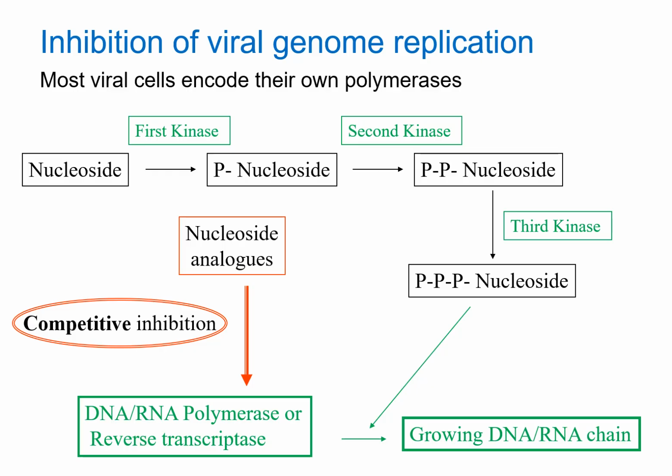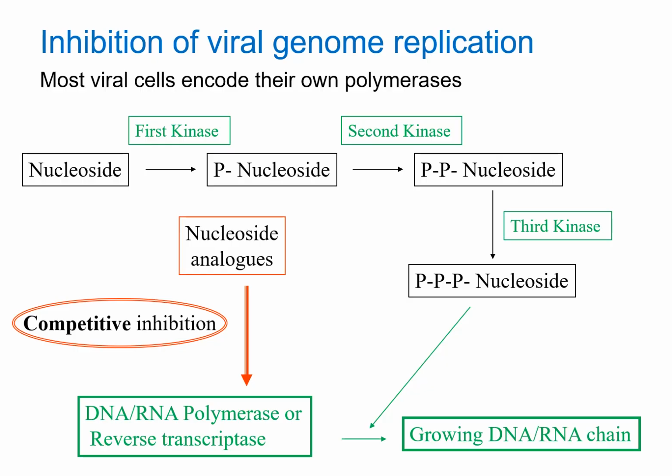We're done with those. Now we move to inhibition of viral genome replication. And here we're talking about inhibiting DNA polymerase, RNA polymerase, and reverse transcriptase. One way to do it is to have nucleoside analogs that would compete with the nucleosides on the polymerases or the reverse transcriptase.